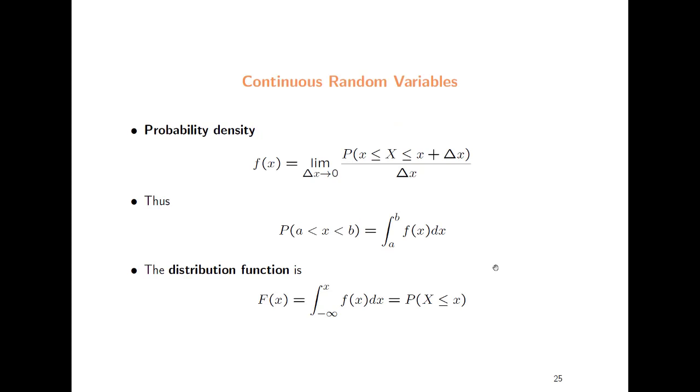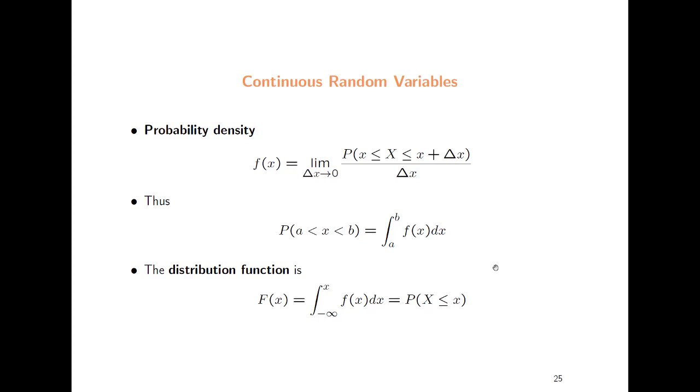So far we dealt with discrete random variables, so they could only assume a fixed number of states. But it's straightforward to generalize this also to the continuous case, when the random variable can assume any value out of an interval, for example.